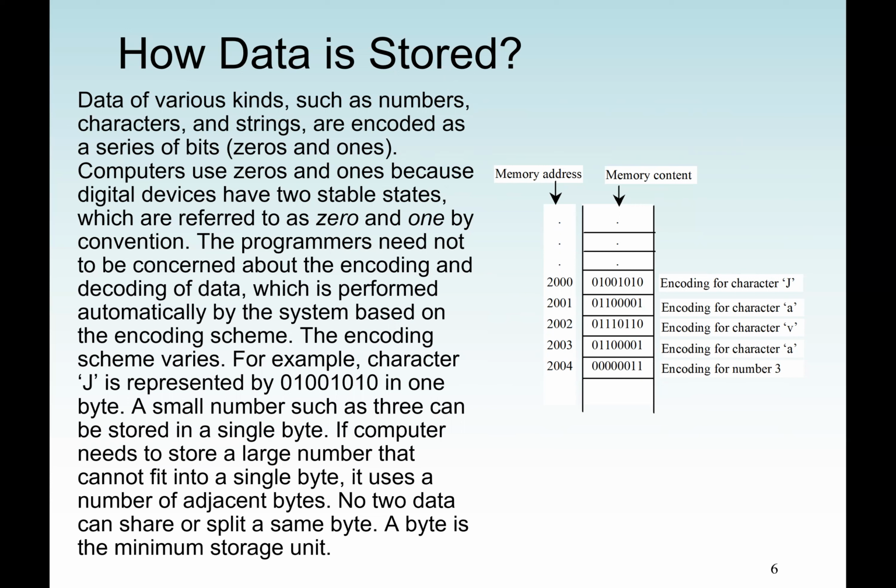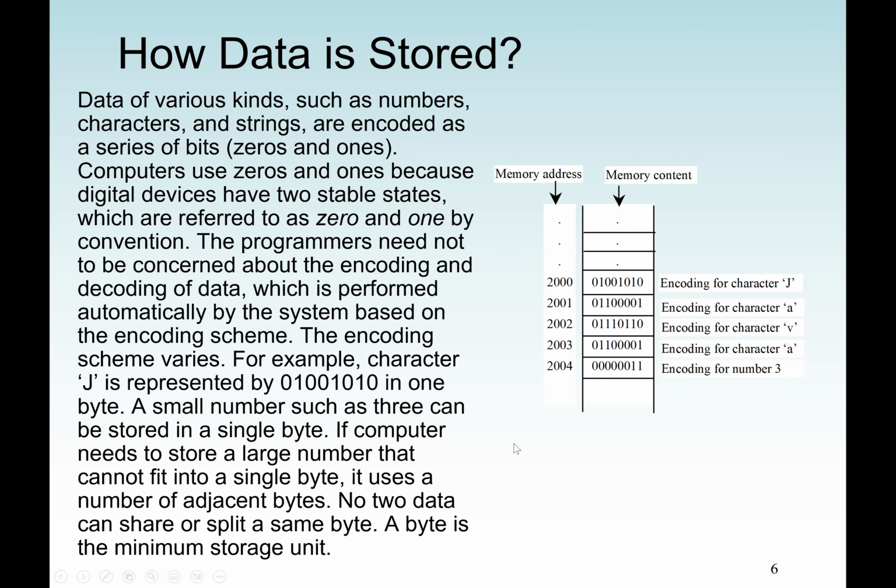Computers use zeros and ones because digital devices have only two stable states, which are referred to as 0 and 1 by convention. Programmers need not be concerned about the coding and decoding of data. This is normally performed automatically by the operating system based on the encoding scheme.